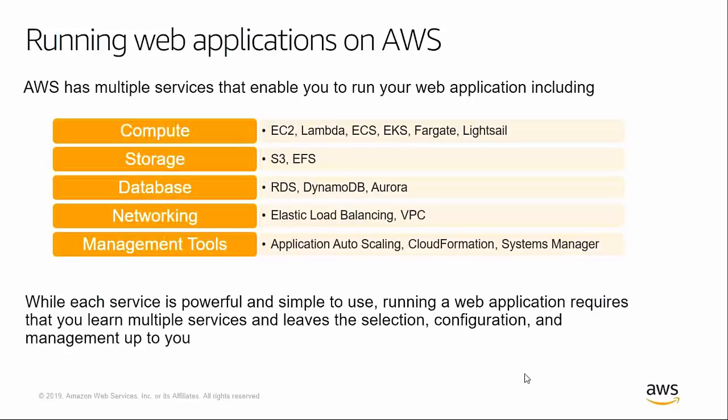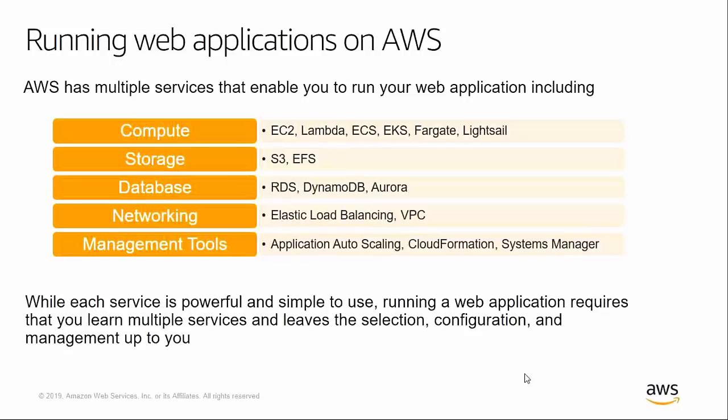For storage, you can store things durably in services like S3 or EFS. Databases, you can connect into RDS or DynamoDB or Aurora databases. We've got networking services to help you tie things together with elastic load balancing for scalability and high availability.